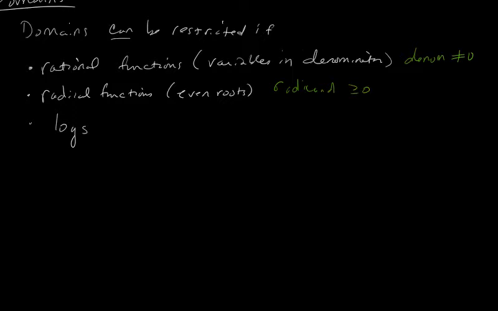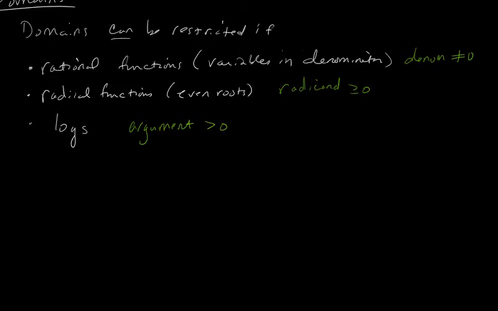So we can take the insides of our radical function, that's the radicand, set that greater than or equal to 0, and what we're left with is the domain for our function. And for logs, the argument must be strictly positive. We cannot take the log of a negative number or of 0. So the argument of the log must be strictly greater than 0.